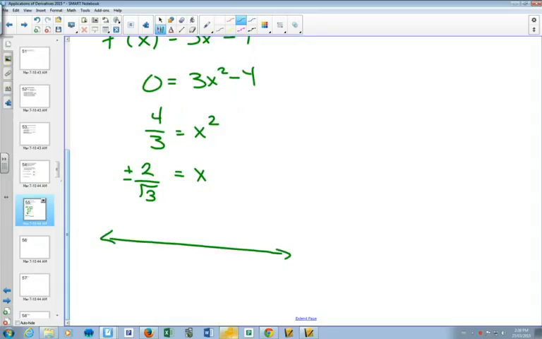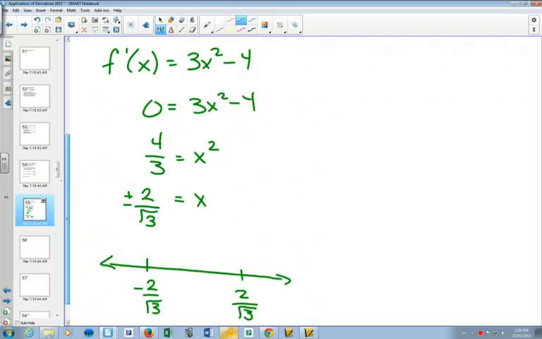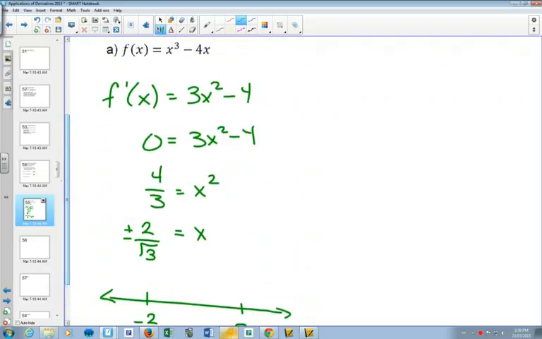Despite them being wonderful numbers, we can still put them on our graph: negative 2 over root 3 and 2 over root 3 on our graph here.